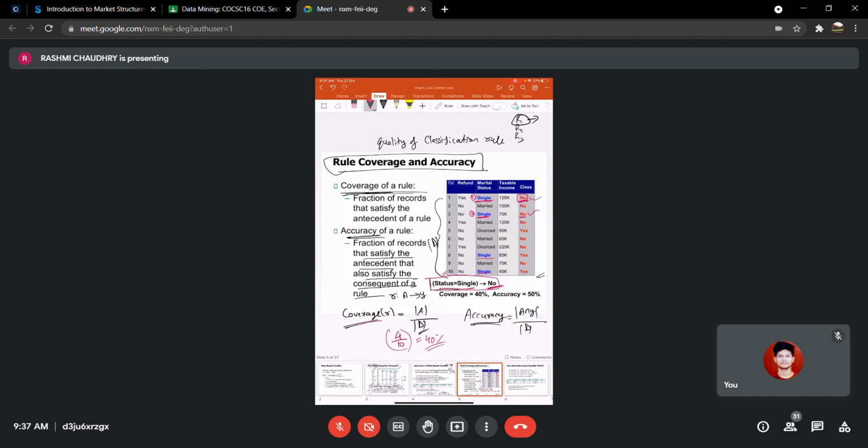This also got matched. Single, yes, no, it did not get matched. Output does not get matched here. Single, yes, also does not get matched. So how many are matching both this and this? Only 2.